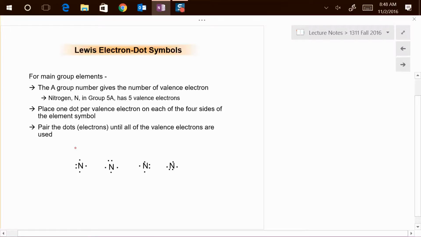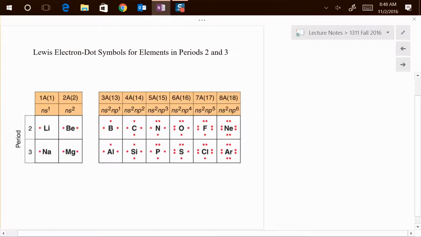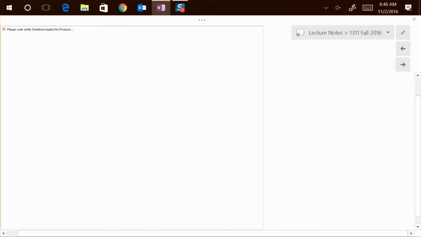We can see those for these different elements. Moving down the periodic table, you would have the same Lewis dot structure. So oxygen and sulfur both have the same Lewis dot structures because they have the same number of valence electrons. Boron and aluminum also have the same Lewis dot structure for the same reason.